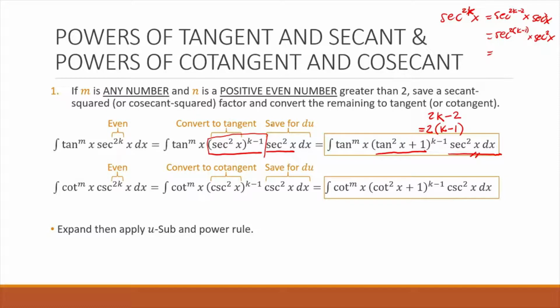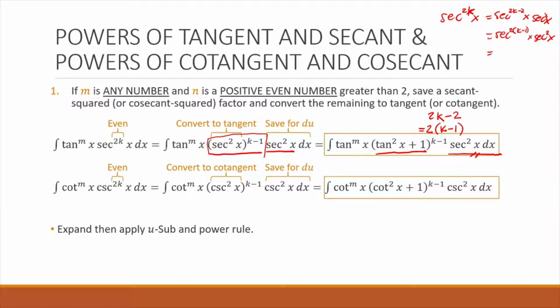So after converting secant or cosecant to their corresponding Pythagorean identity in terms of tangent or in terms of cotangent, expand lang kasi may maiwan pa na exponent, depende sa initial value ng exponent ng secant, di ba? So expand and then distribute tangent or cotangent, and then apply u sub, and then afterwards apply the power rule.